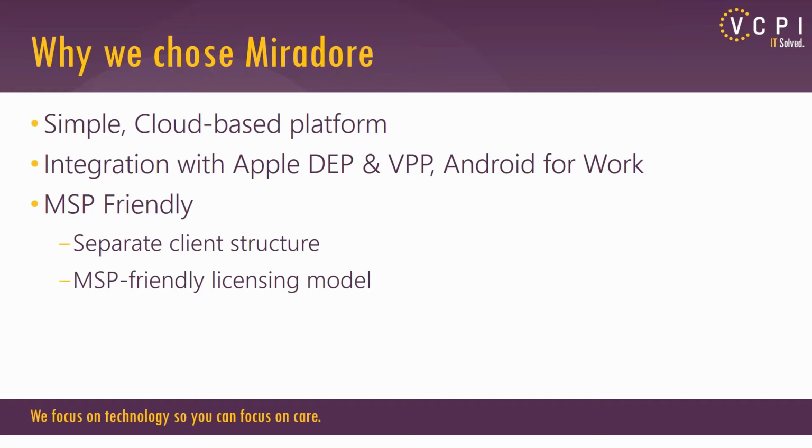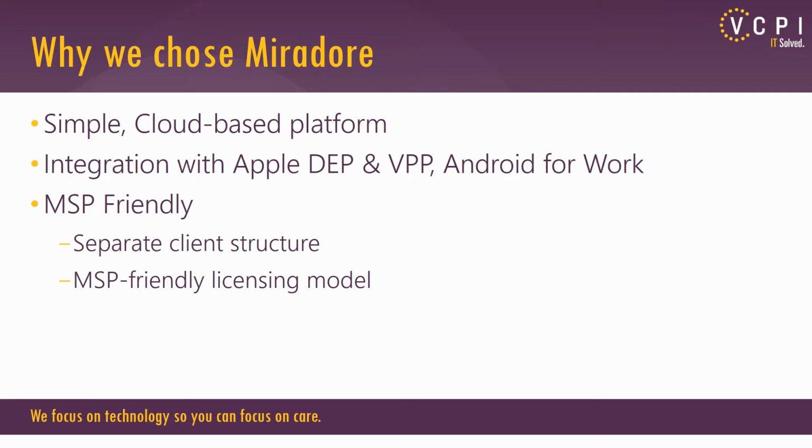I did mention the integration with the Apple DEP and VPP program. They've also recently integrated with the Android for Work platform, and this is very important. Google really had to play catch up with Apple with regards to mobile device management. Prior to having Android for Work as an option, organizations were really extremely limited to the device configurations that you could set on an Android device, with the exception of the Samsung devices with their Knox platform.